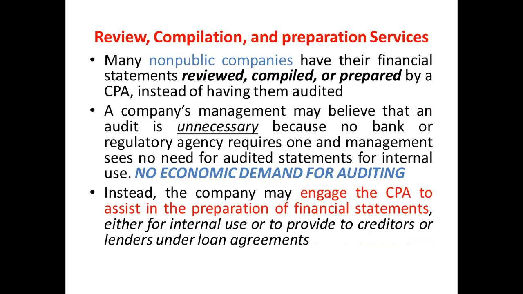The review services may be provided to public companies or non-public companies. But in general, compilation or preparation services of financial statements are provided by the CPA firm to non-public companies, while review of financial statements may be provided to public or non-public companies.